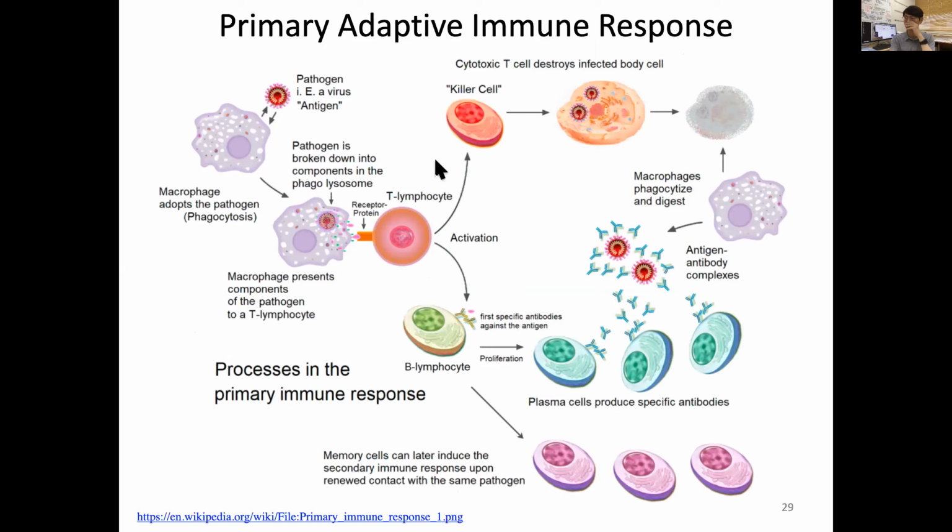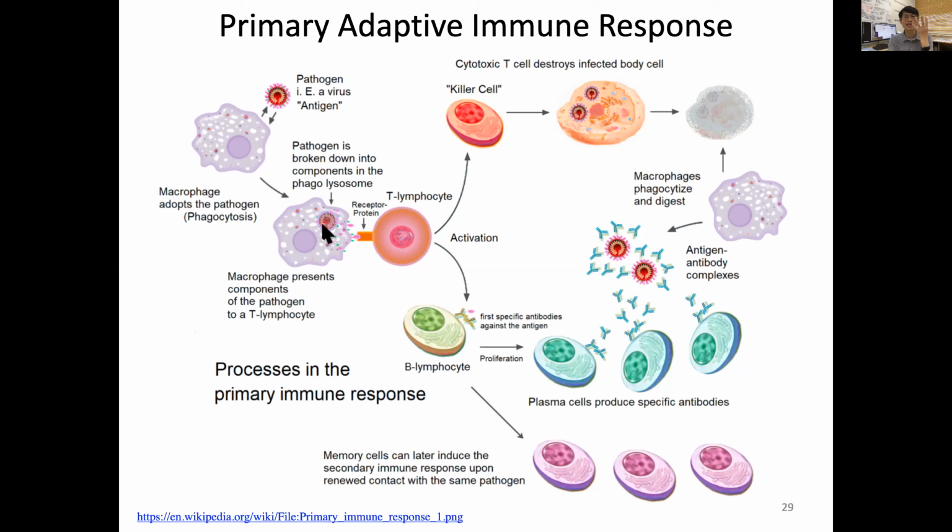Let's see the whole story, how things happen. First, a pathogen, such as a virus, comes into our body as an antigen. Then a macrophage recognizes the pathogen and tries to phagocytose it, to engulf and eat it up. Then this virus as an antigen is broken down inside the phagocyte with a phagolysosome.